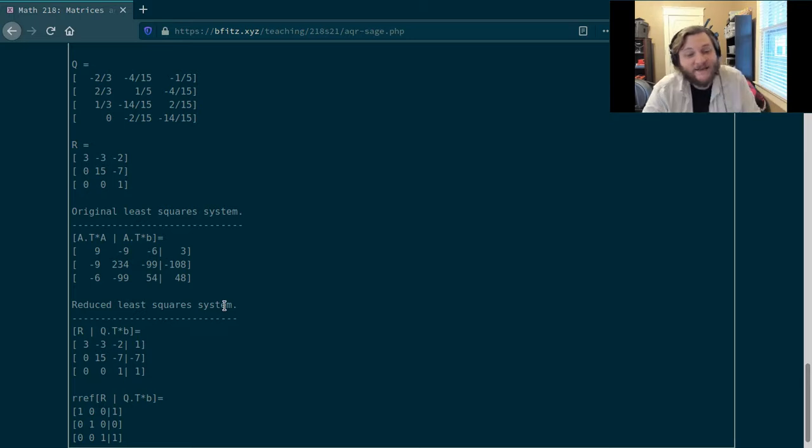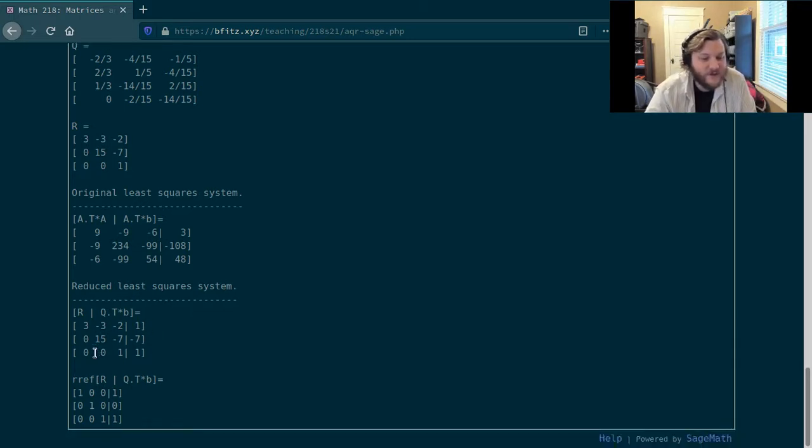But the next thing the code will print out is the reduced least squares problem. The reduced least squares problem has coefficient matrix equal to R. And again, this is nice because R is upper triangular, as we see here. And here we're augmenting the matrix R with the vector Q transpose times b, which is 1, -7, 1 here. This is the example we did in class.